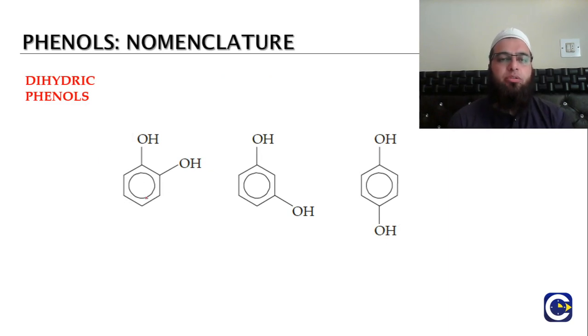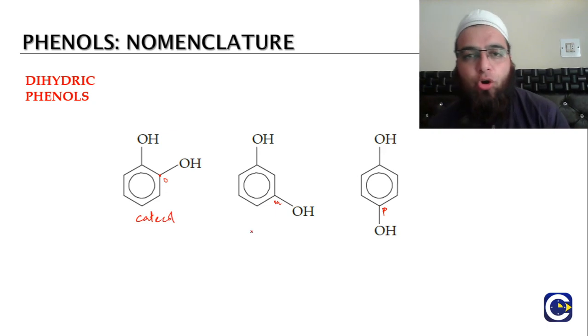Now talking about the dihydric alcohols, we have taken 3 types of dihydric alcohols here, in which we have 2 hydroxyl groups. In this case, one of the hydroxyl groups is at ortho position. In this case we have it at meta position, and in this case we have the hydroxyl group at para position, okay. So the general name of this particular compound is catechol.